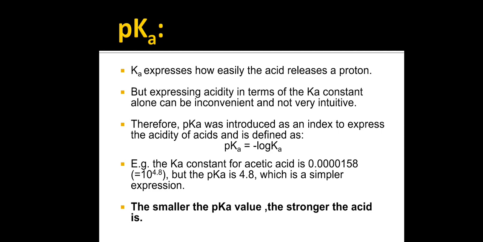Now, it becomes very difficult to express or remember such a value and to express the dissociation constant of acid, particularly acetic acid. But if we convert that same value to pKa, what we get is 4.8. It becomes very convenient. That is the reason why we prefer to express the dissociation constant in terms of pKa rather than Ka. The smaller the pKa value, the stronger the acid is. Always remember that. A smaller value of pKa means the acid is stronger.